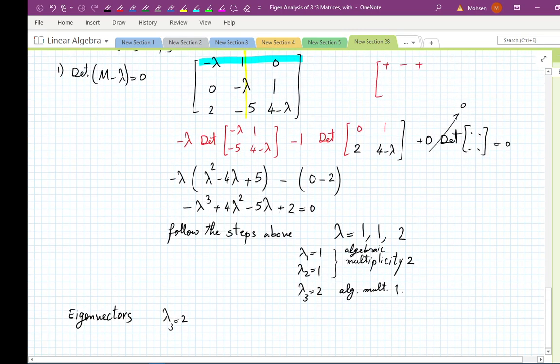I go ahead, plug it here. So it's going to be minus 2, 1, 0, 0, minus 2, 1, 2, minus 5, and then 2. I want to find the null vectors of that. That's going to be the eigenvectors of the original matrix M. So we take our lambda, put it here, find the null vectors of that.